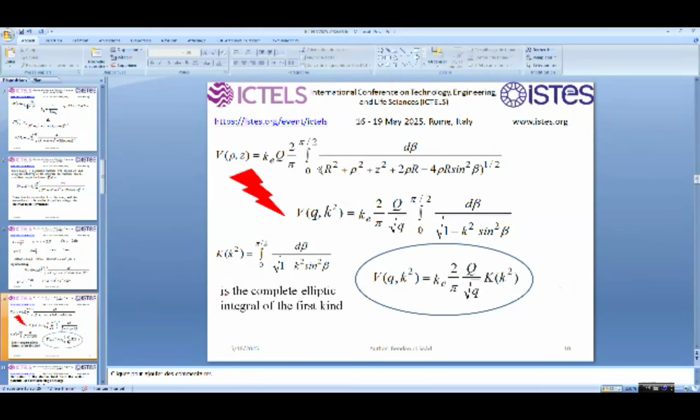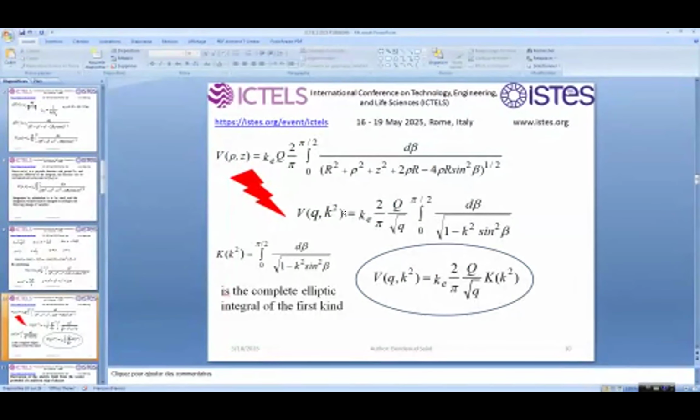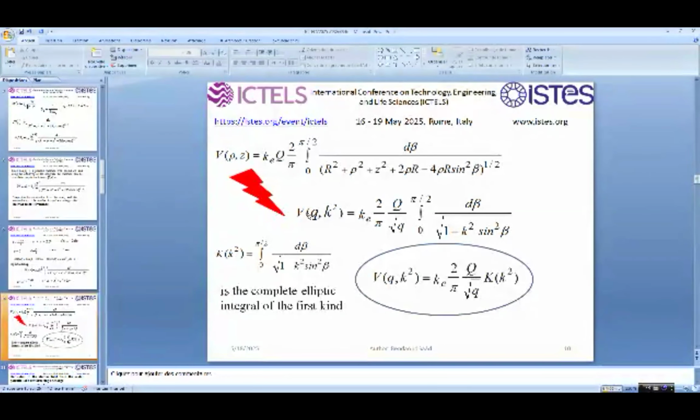After this substitution, we find the potential function in this form, where the integral is calculated between 0 and pi divided by 2.